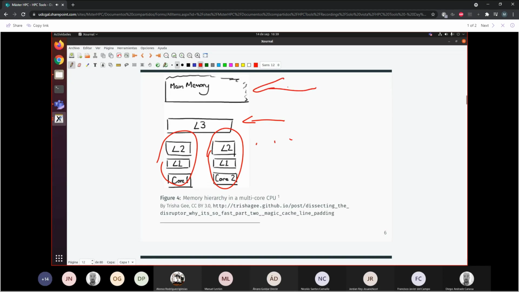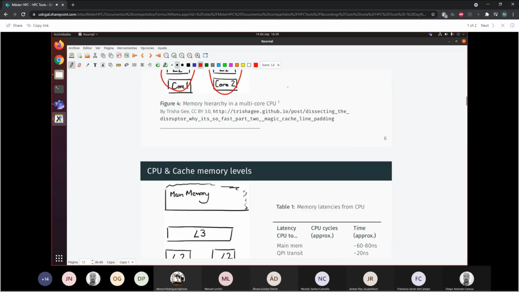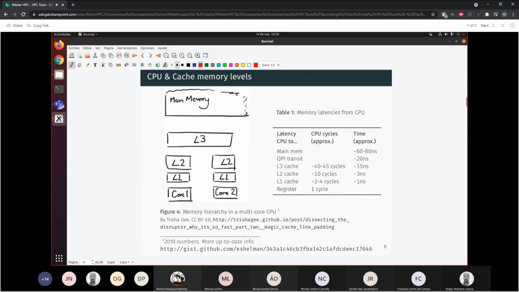Regarding the latency, something that we said is that when we access something that is in the topmost levels of the memory hierarchy, that is the registers or the different levels of the cache, this is going to happen very fast. The processor is not going to have to wait a lot for the data to be loaded, okay?